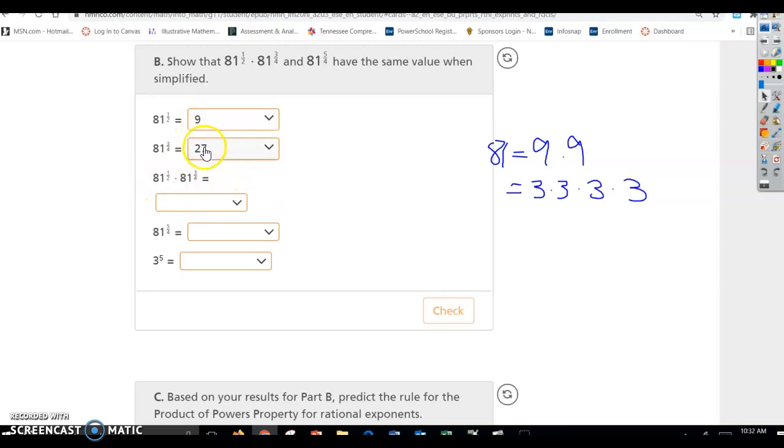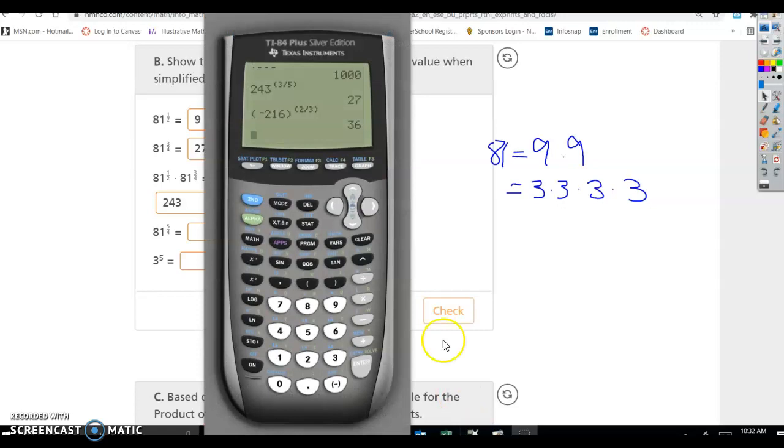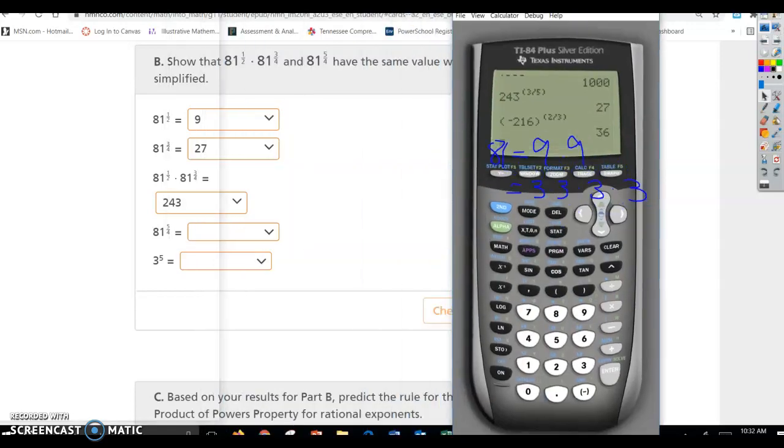So 9 times, same base, add exponents. So that's going to be 243. Let's make sure. All right, so I'm going to do 9 times 27. 243.